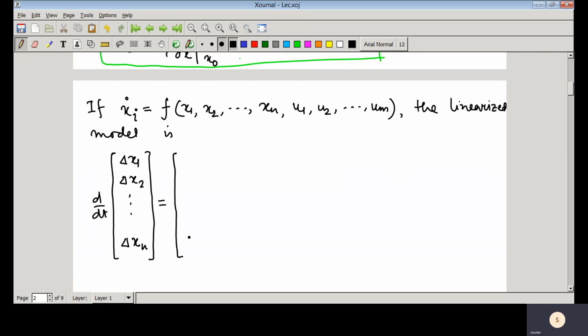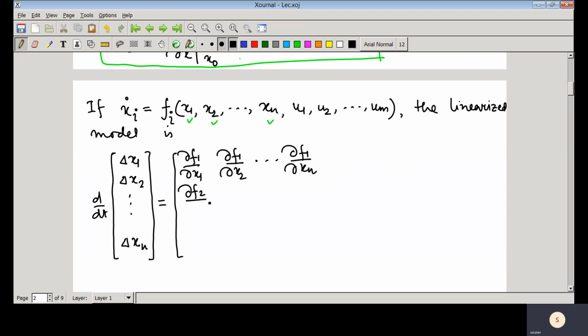And here you can see that you have n number of states, x1, x2, up to xn. So you have n number of functions, that is f1, f2, f3, like that. Then you have a matrix that is del f1 by del x1, del f1 by del x2, like that, del f1 by del xn.